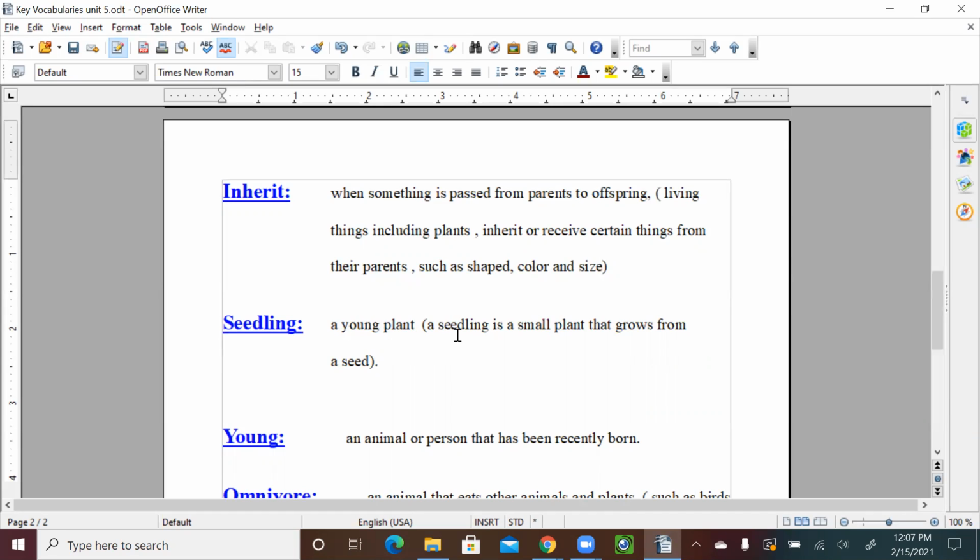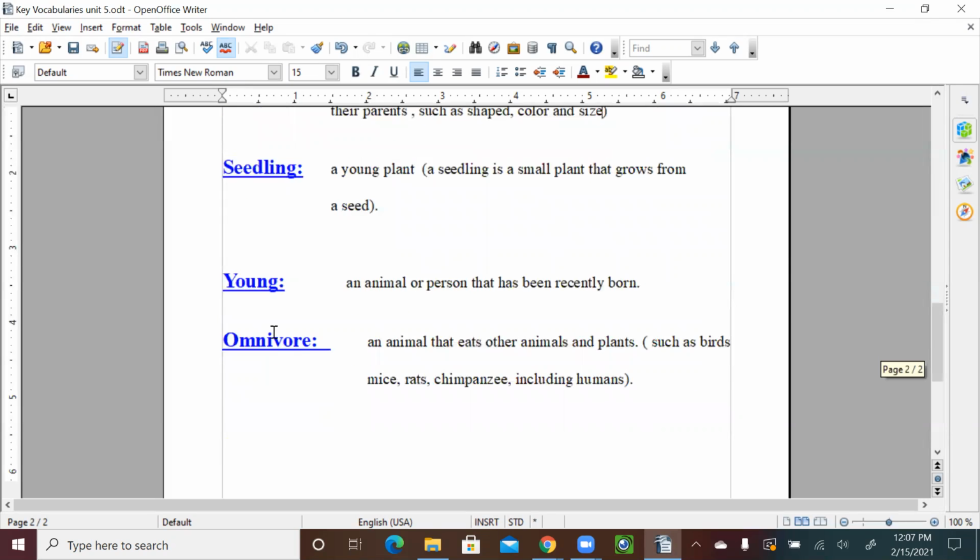Seedling, a young plant. A seedling is a small plant that grows from a seed. So a young plant grows from a seed, or we call it a seedling. And then we have the word young, an animal or a person that has been recently born. And then omnivore, an animal that eats other animals and also eats plants, such as some birds, mice, rats, chimpanzees, and also humans.